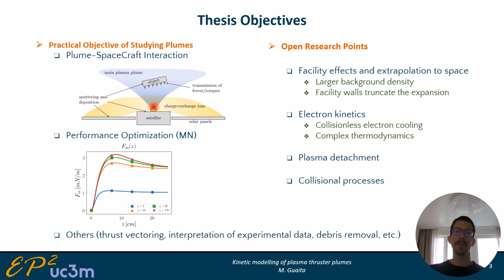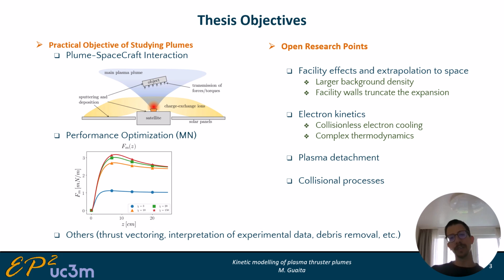In particular, my thesis concentrates on a series of open research points. The major one is the effects that the experimental conditions that we have in on-ground facilities have on the plume and on the behavior of the thruster, with respect to what really happens in space, which is our condition of use of the thruster.